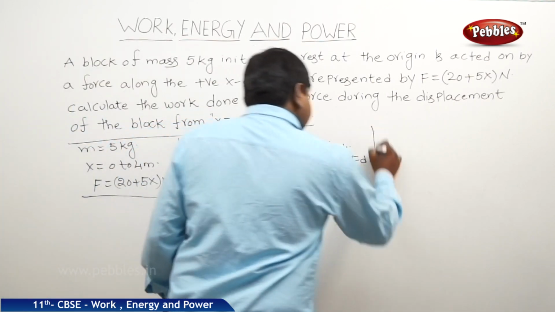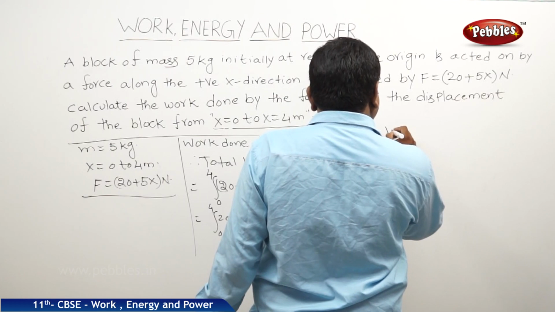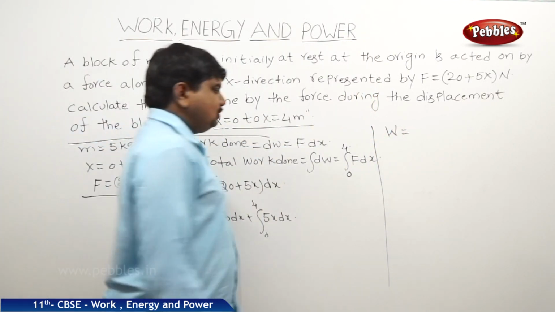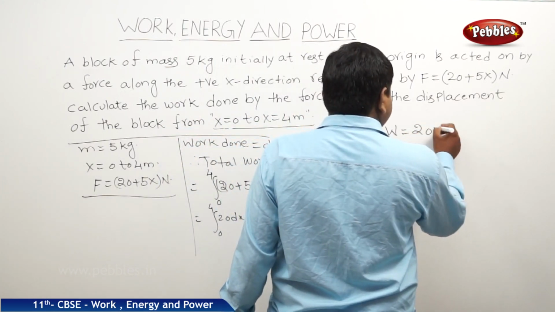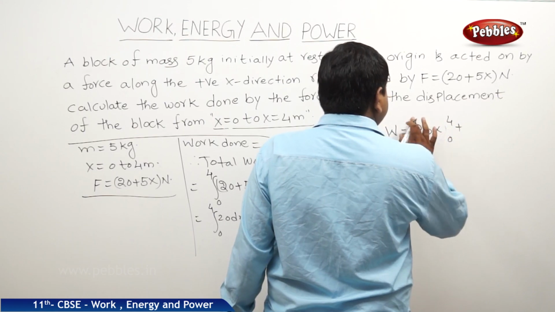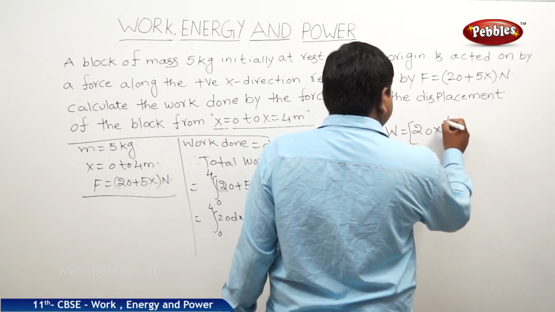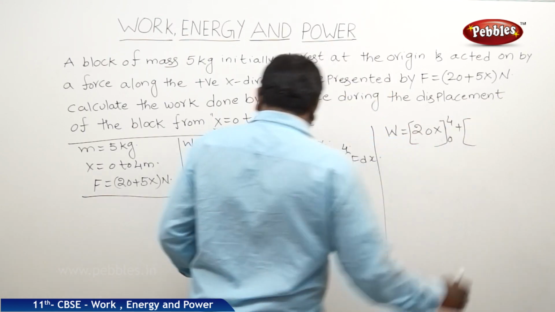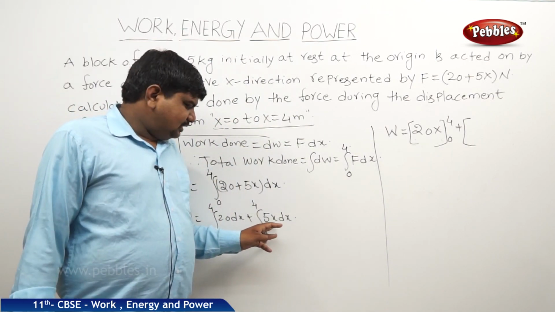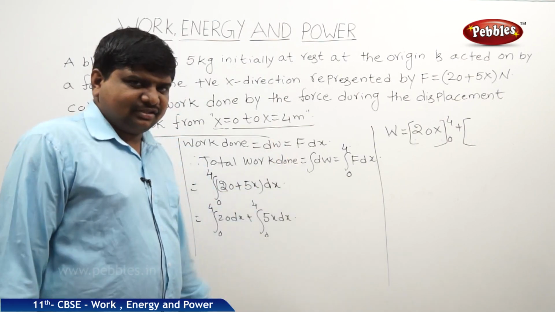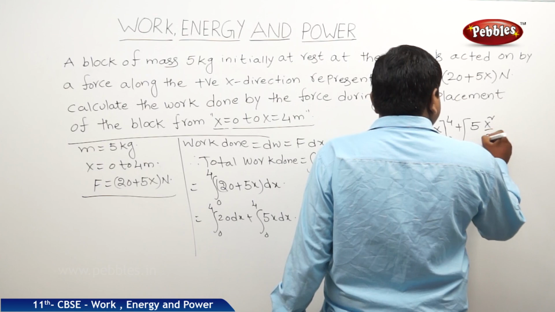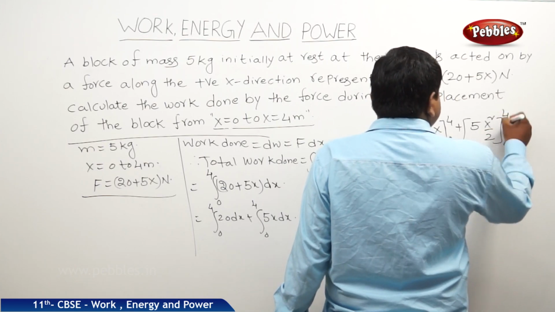So in this case, work done is equal to 20x between the limits 0 to 4, plus, in square brackets, 5x square by 2, because 5 is a constant and integral x dx is x square by 2, between the limits 0 to 4.